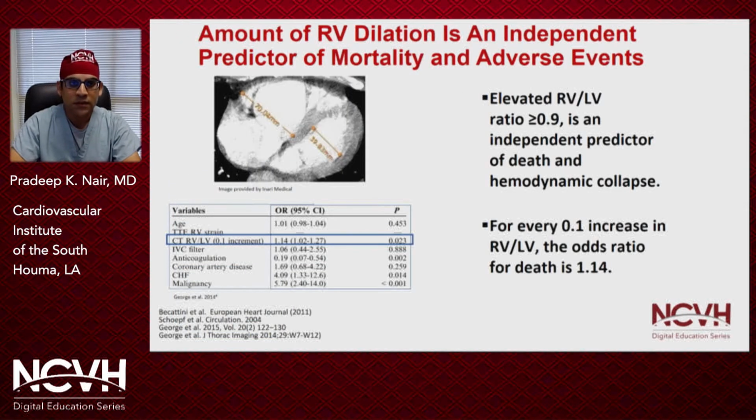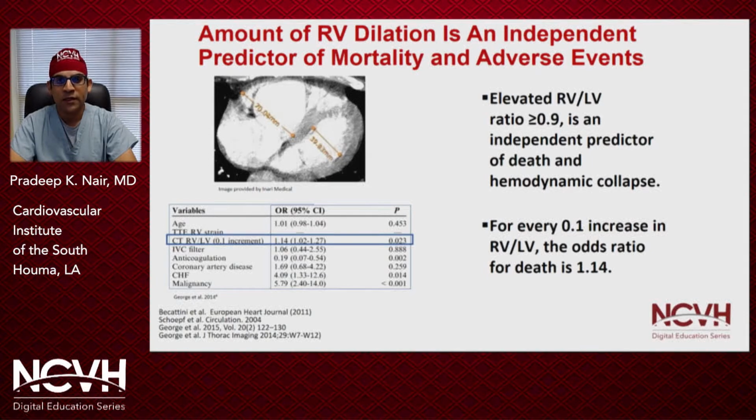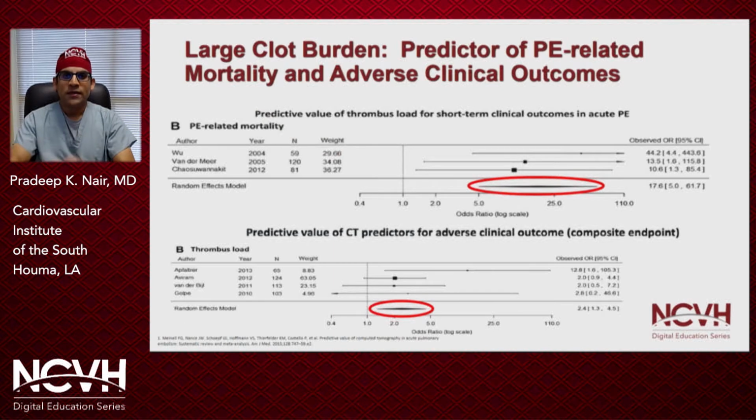RV is a very important chamber of the heart when determining the severity of the PE. If you have an elevated RV-LV ratio greater than 0.9, this is an independent predictor of death and hemodynamic collapse. One of the issues that these guidelines do not provide us with much information on is the amount of thrombus that you see.